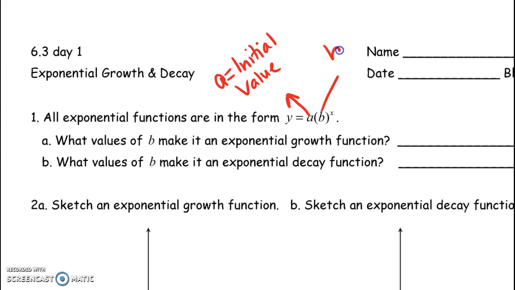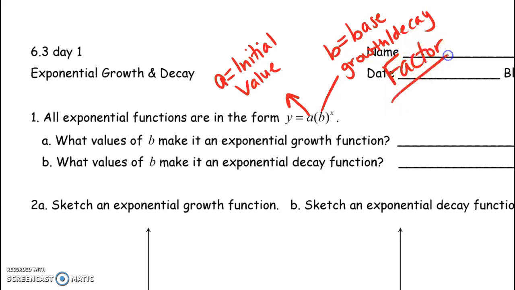B represents the base, and that tells me the growth or decay factor. So in the paper folding example, we started with a thickness of 0.001, and we multiplied by what over and over and over? 2, because the thickness of the paper doubled every time you folded it.